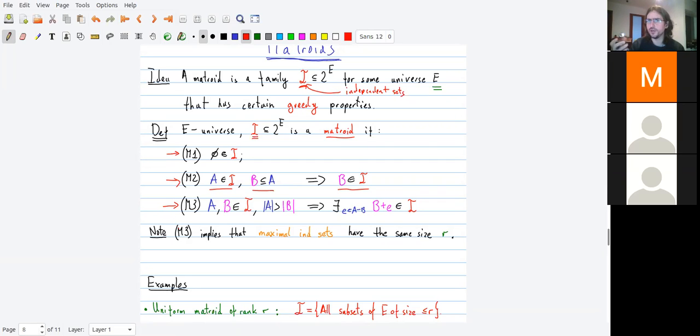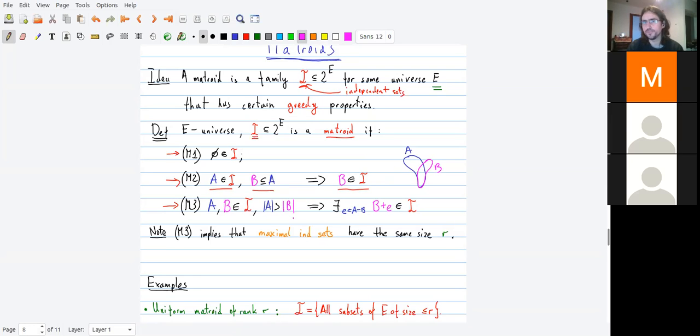There are actually many equivalent conditions to this one. I think that this one is the most commonly known. So condition M3, this is the core of the matroid definition, and it says the following: imagine that you've got two independent sets, A and B, and one is larger than the other.